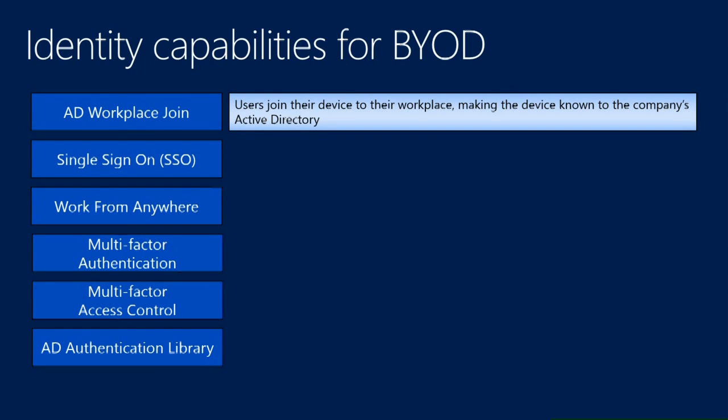Another key benefit of AD Workplace Join is that once you Workplace Join your device, a certificate denoting the user-at-device relationship is placed on the device. So when we sign in, not only are you signing in with your base AD credentials, you're also signing in seamlessly underneath the covers with this certificate.